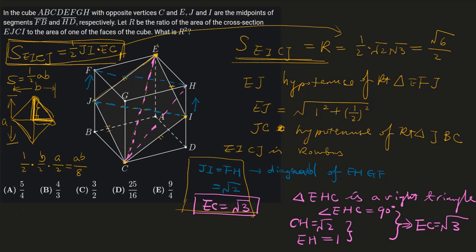And what's the question? The question is R squared. Therefore, R squared equals the square of square root 6 over 2. That equals 6 over 4, which equals 3 over 2. Therefore, the answer is C.